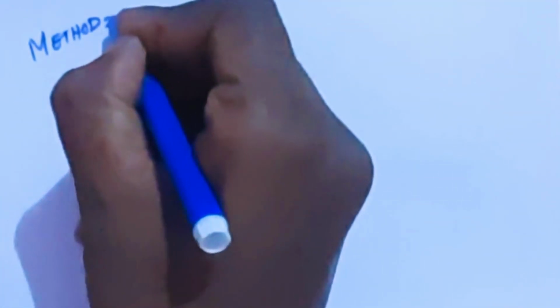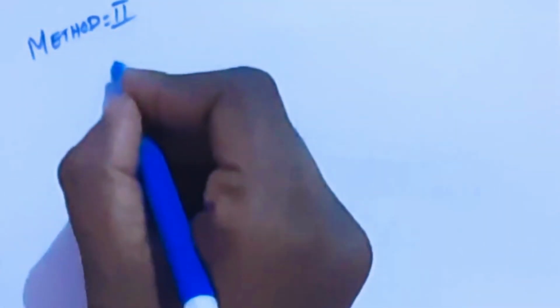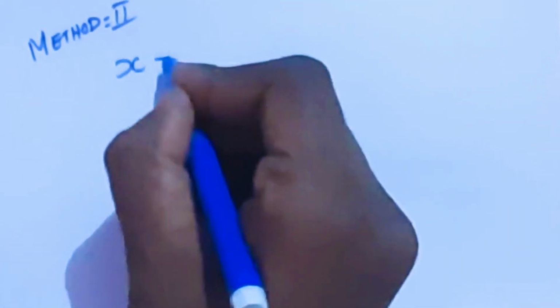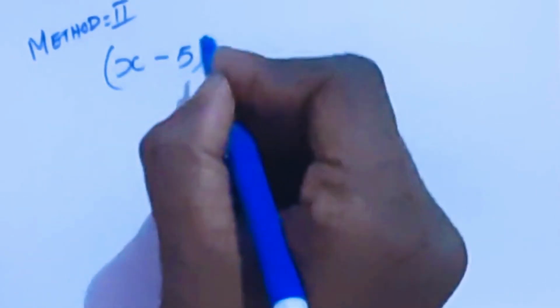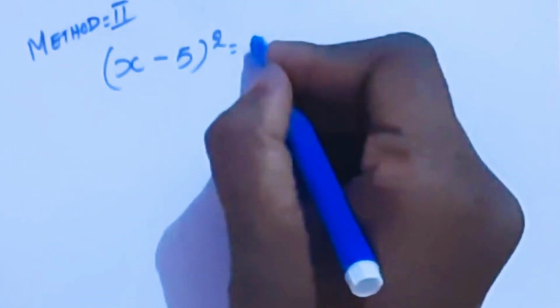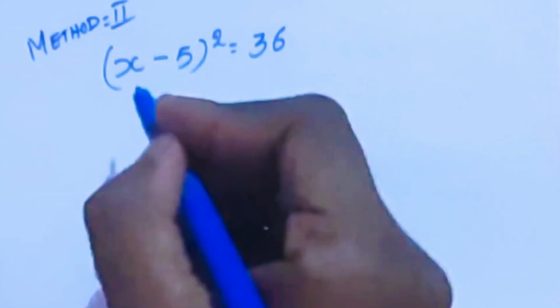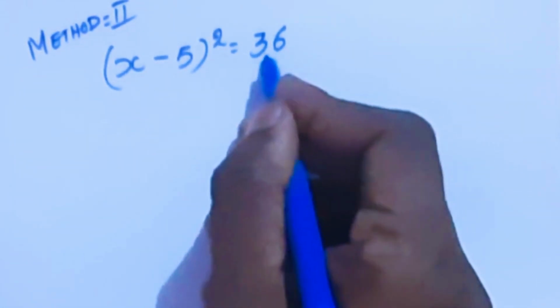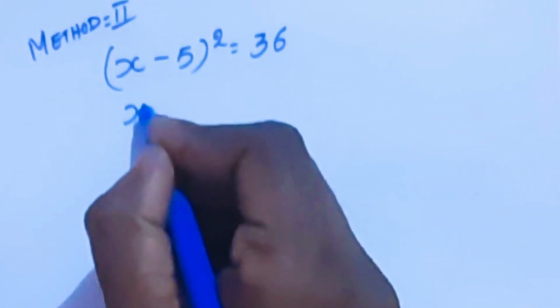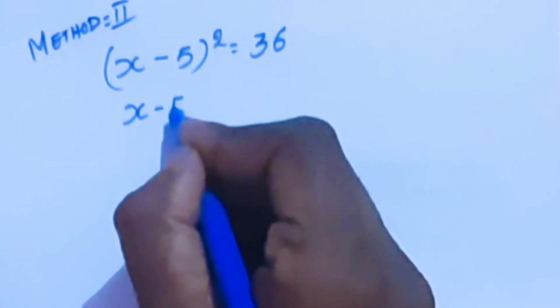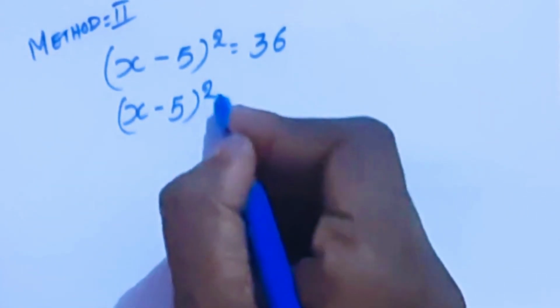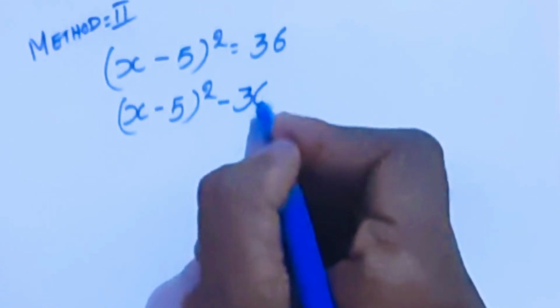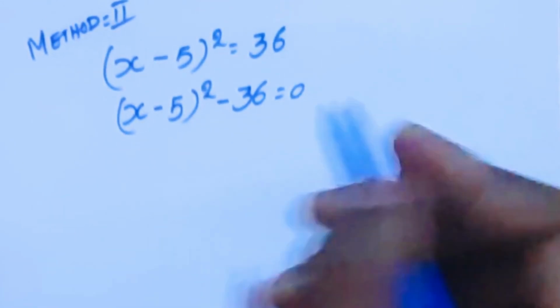Here in second method, (x minus 5) whole square equal to 36. In this method, we are moving this 36 to the left hand side, so (x minus 5) whole square minus 36 equal to 0.